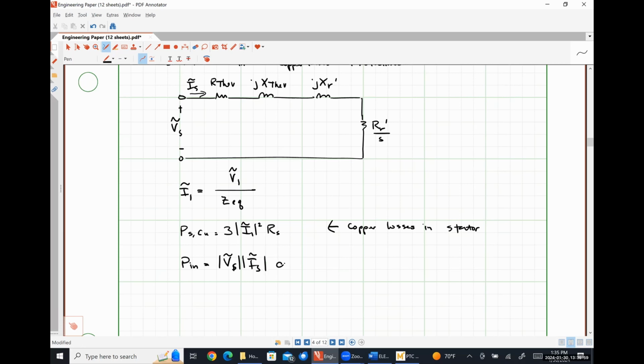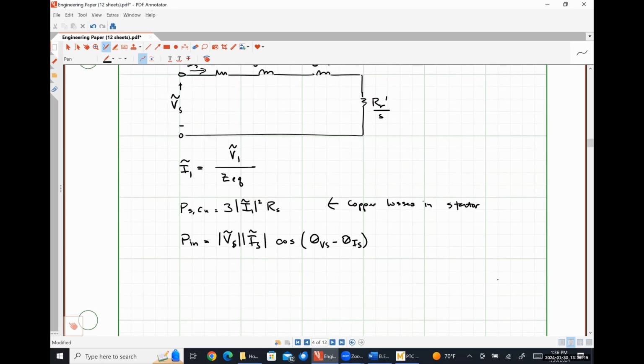IS times the cosine of theta VS minus theta IS, which would work. But we could also say that this is the magnitude of VS times the magnitude of IS times our power factor. That would also give us our input power.